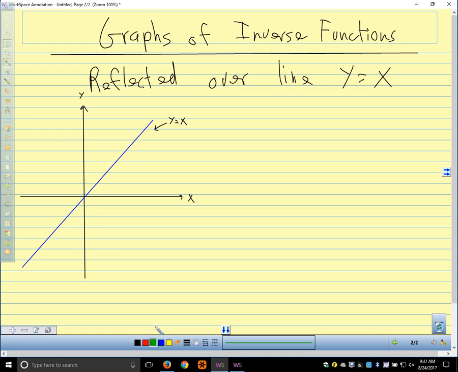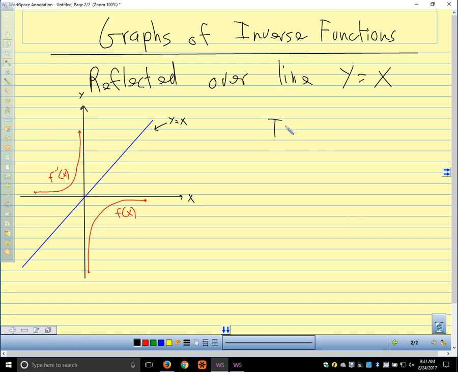If I have a graph here, something like that, and this is f of x, then the inverse function would go like that. So they reflect over that line y equals x. Any graph and its inverse are going to be reflected over the line y equals x. So if you see a pair of graphs and the question asks, do the graphs represent a function and its inverse? If they reflect over the line y equals x, the answer is yes. Otherwise, the answer is no.